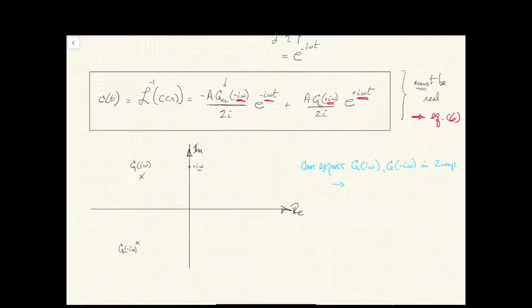The first one is as a complex pair, where G of I omega is equal to some real value A plus I times some imaginary value B, and the complex conjugate is going to be the same A minus IB.